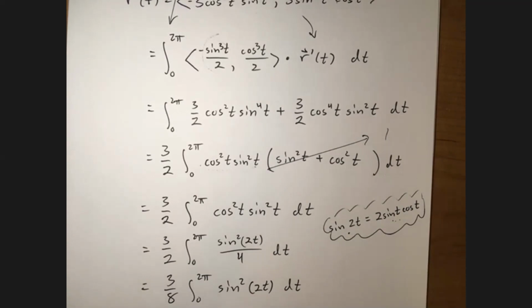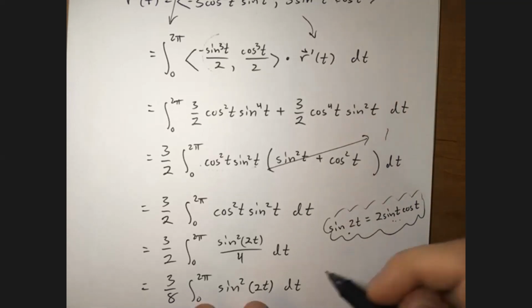I think you saw some homework problems where you had to integrate something like this in chapter 5, right? And we used another trig identity. There's another half angle formula. Sine squared t is equal to 1 minus cosine 2t over 2, right?